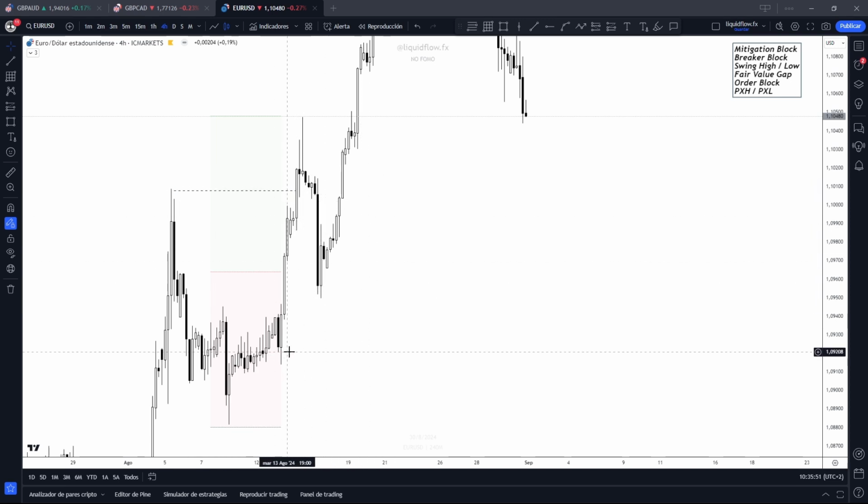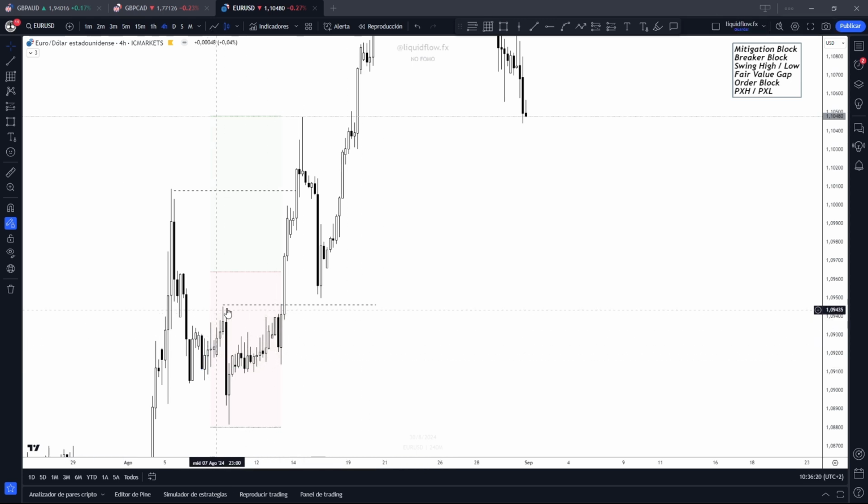So let's mark everything we find right now. What do we have first? This is our first line of defense. It is the mitigation block, already mitigated. Then what do we have? We have this here, our break block. Those from here.